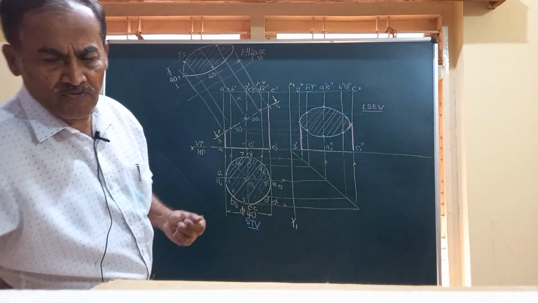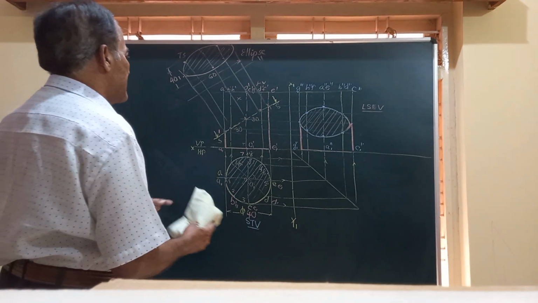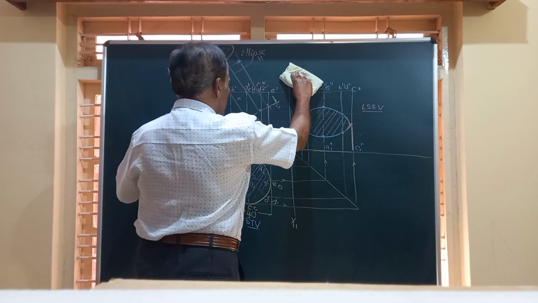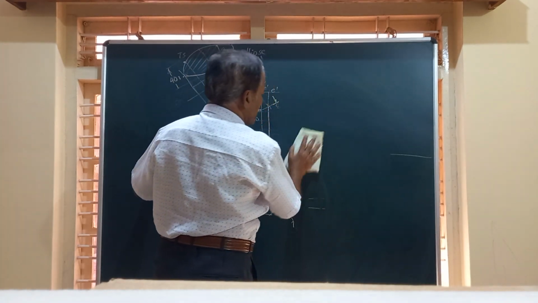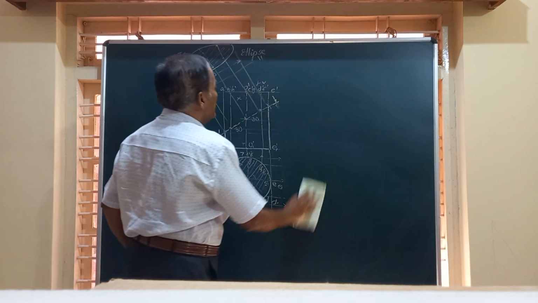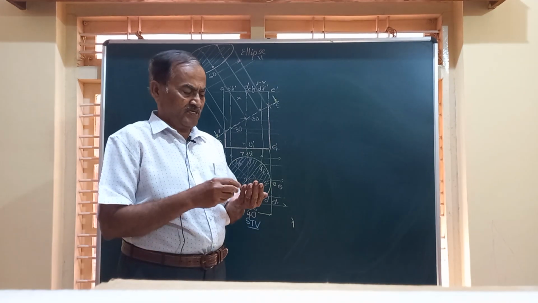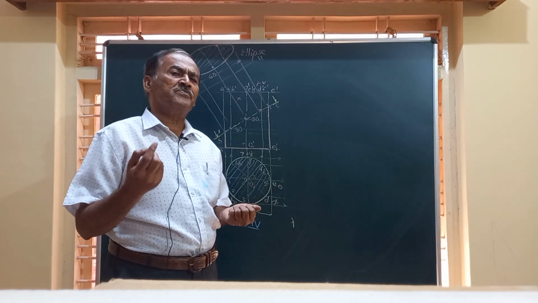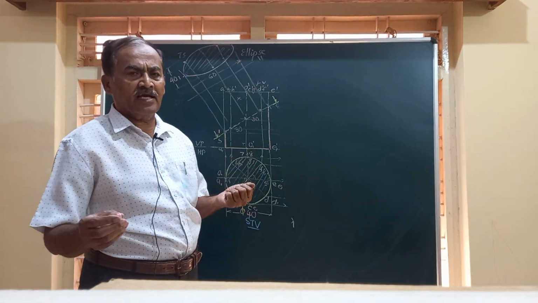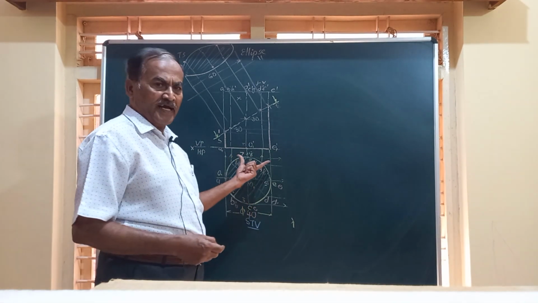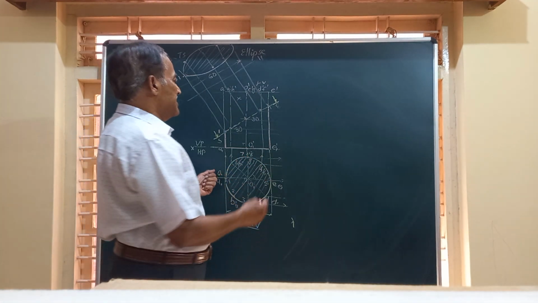Finally, friends, we have been asked to draw the development of the lateral surface. So friends, what I do, I remove these lines, and now I am going to obtain the development of the lateral surface of the object. You know very well, friends, for any of these cylinders, the development is going to be a rectangle of width equal to pi d, that is the circumference, and height equal to 80, whatever the height they have given.